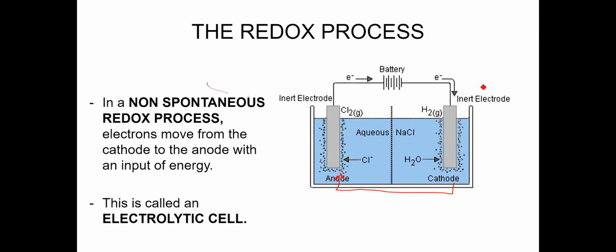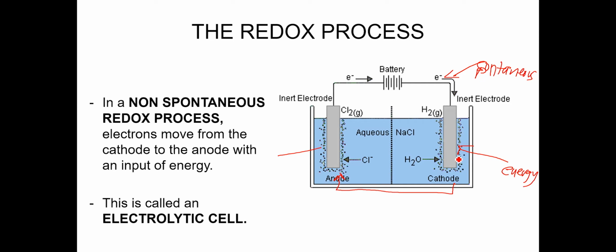Yung cathode ang magbibigay ng electron. This is a normal, spontaneous, yung nasa figure. Pero kapag naglagay ka ng electricity dyan, let's say dito, inoriente mo siya, maglalagay ka ng energy.